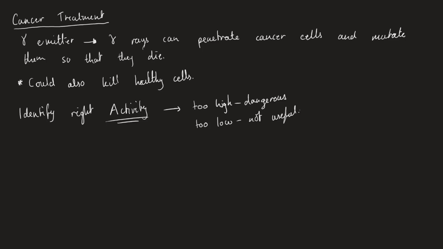Now, another thing that I'm not going to go through in this video because I don't feel like it comes up in exam questions too much, but is another use of radioactivity in medicine, is something called a PET scan. So I'll write this at the side here.